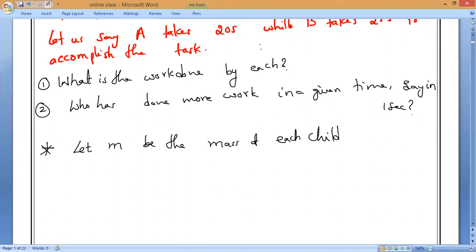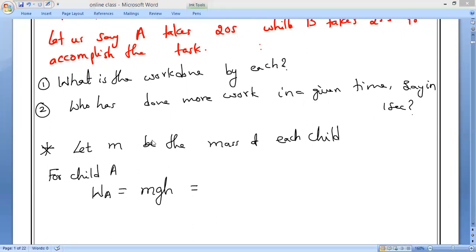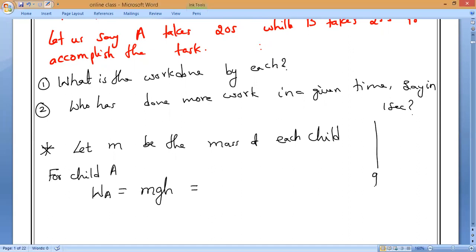As they said in the question, both weights are the same. For child A, work done is equal to work against gravity. They are climbing the rope, which means work done against gravity. What is the formula? mgh.